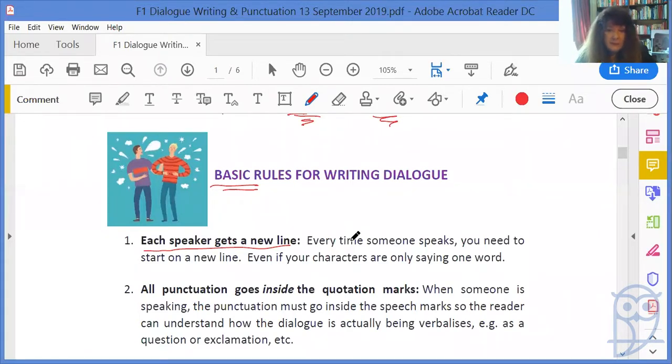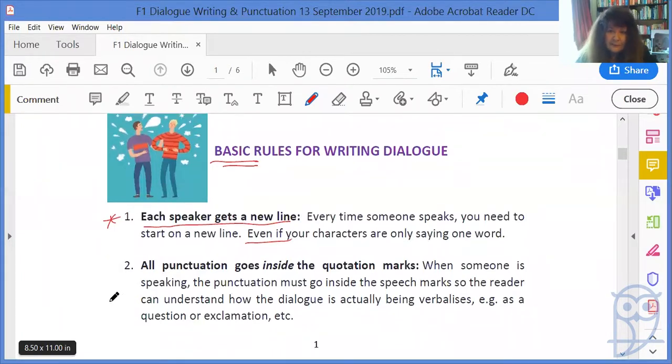No, every time a speaker speaks, they must get a new line. Even if your character is just saying yes, no, go away, he must have his own line. Okay, so that's very, very important in writing. Otherwise, it's just confusing and it doesn't look good either.